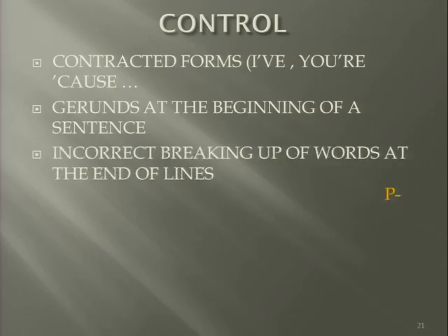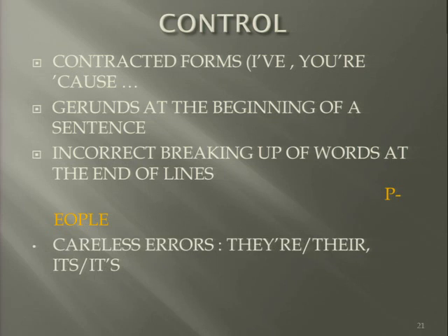Incorrect breaking of a word at the end of a line. For example, if you're trying to write "people" and you just put the letter P there and you go to the next line, you have to break words into their syllables. These are some of the careless errors we come across. "There" instead of "their."